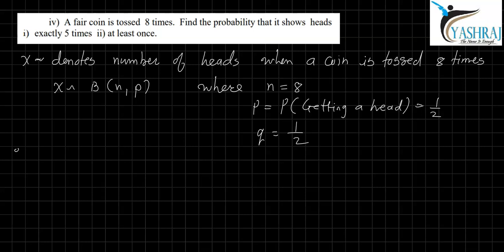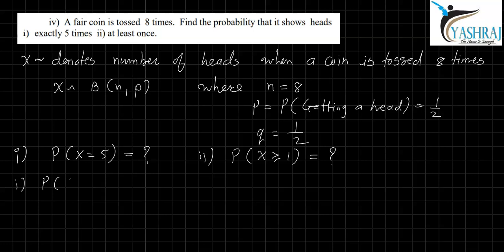Now we are finding firstly P of x exactly 5 times a head, means P of x equals 5. And secondly at least once, means P of x greater than or equal to 1, means we have to find minimum 1 time we have a head and maximum number of times heads will appear when the coin is tossed 8 times.